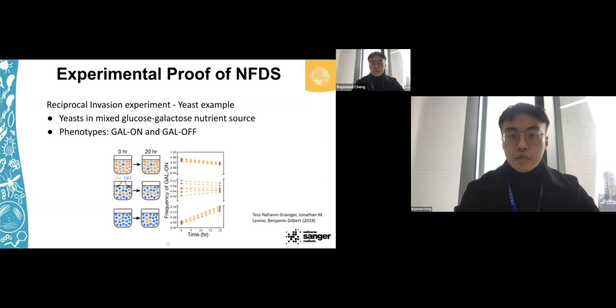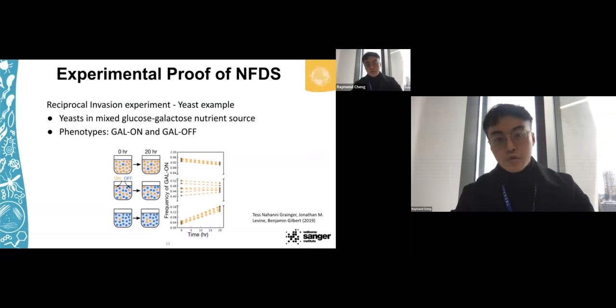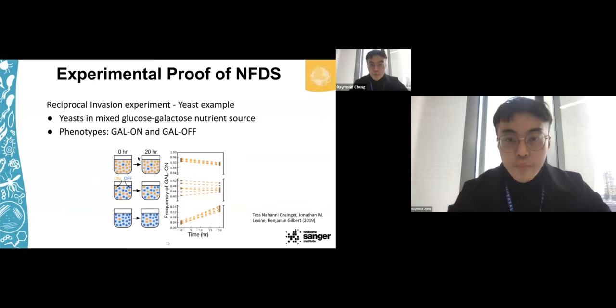For yeast, there are several strategies to utilize nutrition, and in this case, there are galactose on and galactose off strategies. The yellow one is showing the galactose on strategy. If the environment is rich in nutrition resources, which means that you can use both glucose and galactose, then it will maintain this NFDS dynamic.